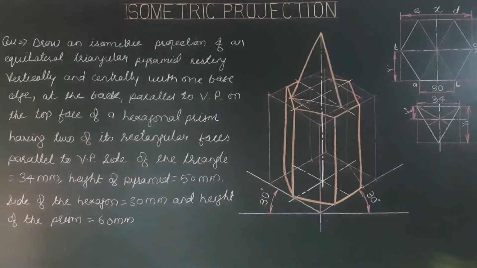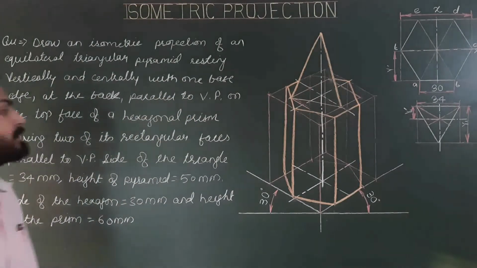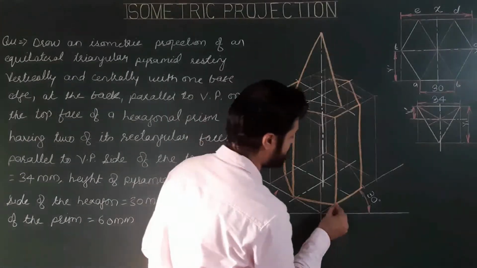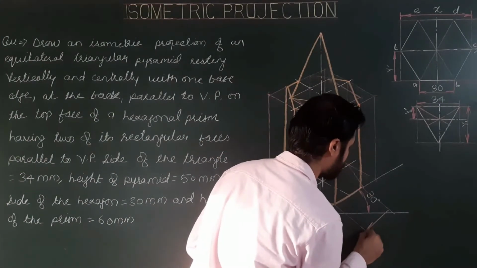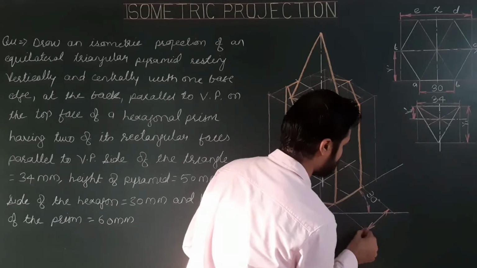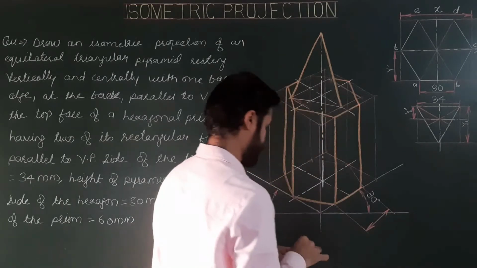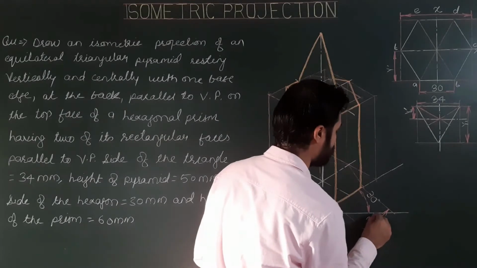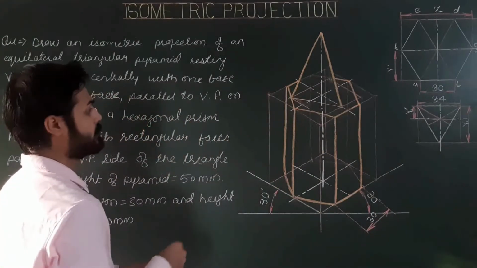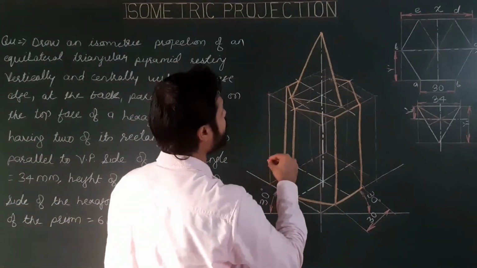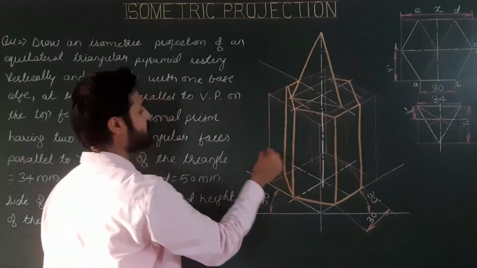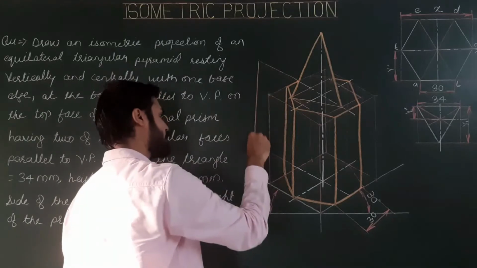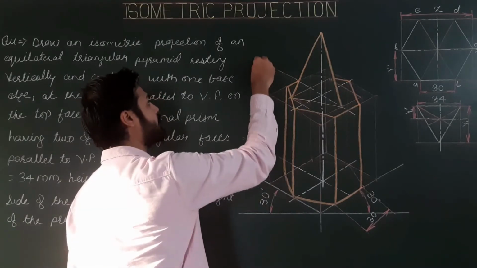Next, dimensioning. For dimensioning, we have to show sides of hexagon. The side is 30, height of the prism, height is extending lines from the center line.